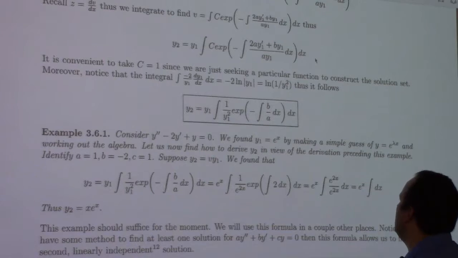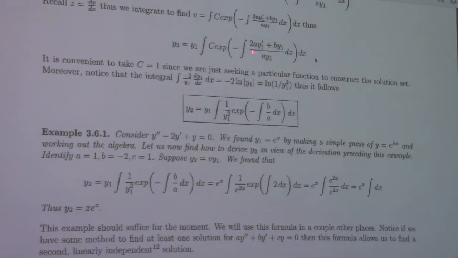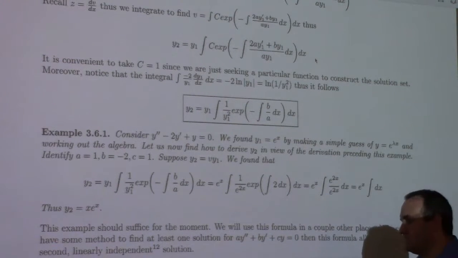Oh, sorry. Anyway, so after a short little manipulation here, this can be rewritten simply as that. And there you go. This boxed formula is the second linearly independent solution formula. This is a calculation you can do when you have one to get the second one. Just a straight formula. I could not find that in your book for the life of me.